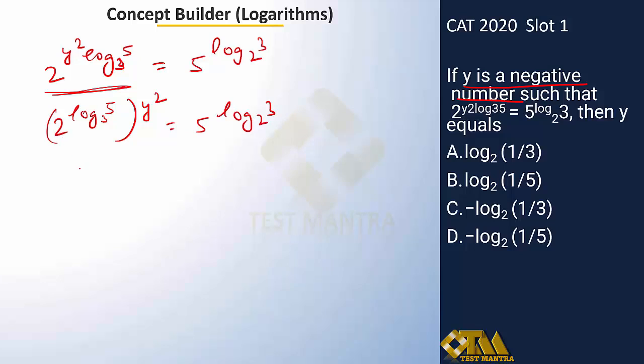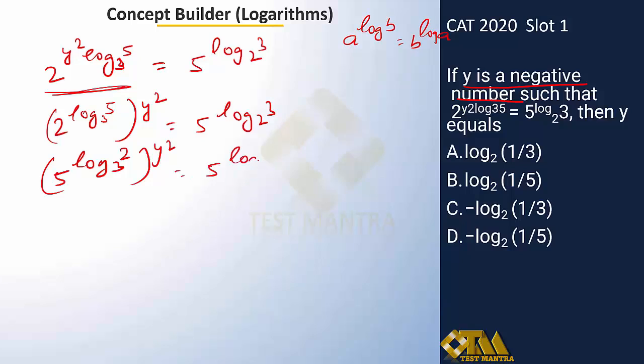Now I'll shift this value towards this side, so if you remember, I had given the formula a raised to log b is equal to b raised to log a. So I'll utilize this. So 5 raised to log 2 to the base 3, y square, should be equal to 5 raised to log 3 to the base 2.